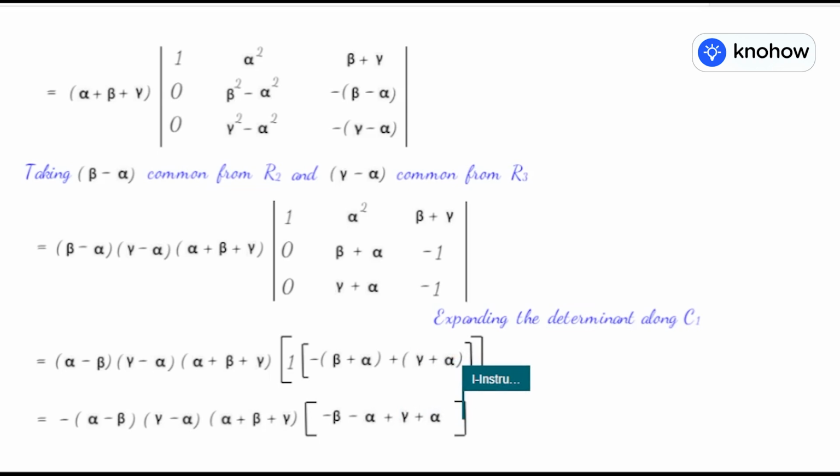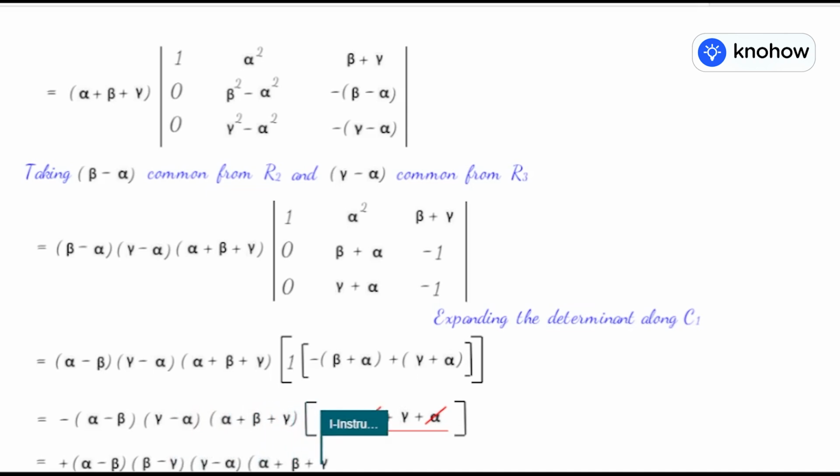So alpha cancels and you get minus beta plus gamma, but you need gamma minus beta, so take another minus sign common, so minus and minus will make it plus, alpha minus beta, and inside this bracket, because you have taken minus common, you get beta minus gamma, gamma minus alpha is already there, and the alpha plus beta plus gamma factor is there.